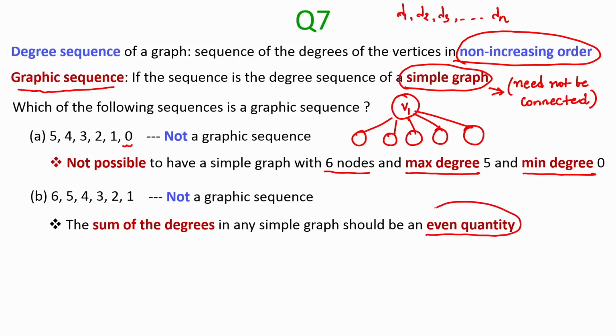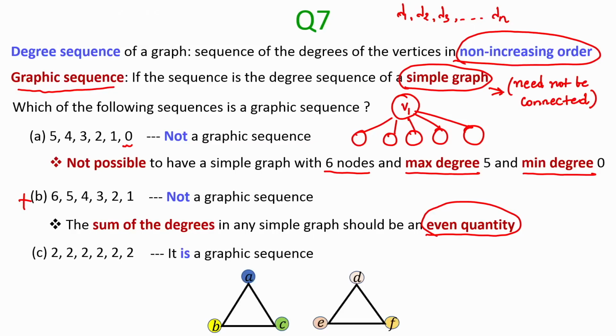So, one obvious condition that should be satisfied by any graphic sequence is that the sum of the values in the sequence should be even, which is not the case for the sequence given here. Now, let us consider the third sequence. This sequence is a graphic sequence, and this is a simple graph which realizes, or which has, this degree sequence.